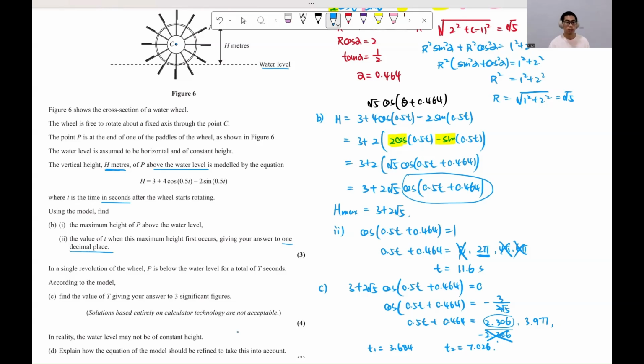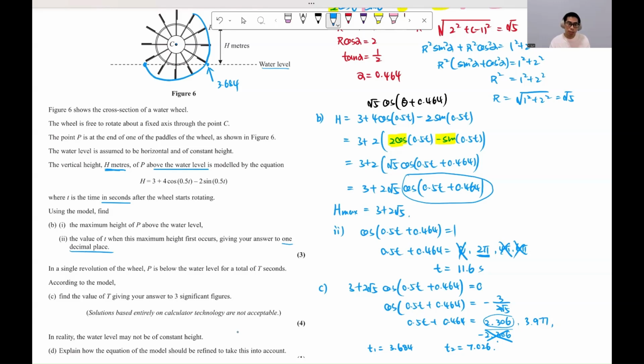What that means is, because the wheel is rotating, 3.684 is the first time it reaches the water level, and then it continues to rotate.